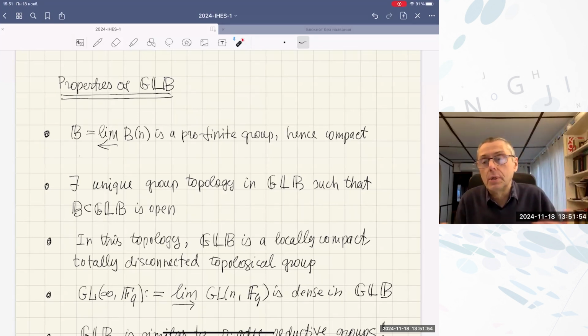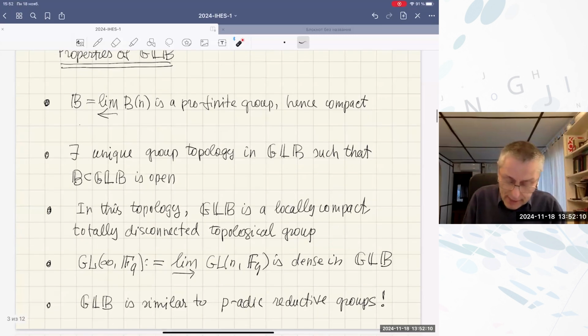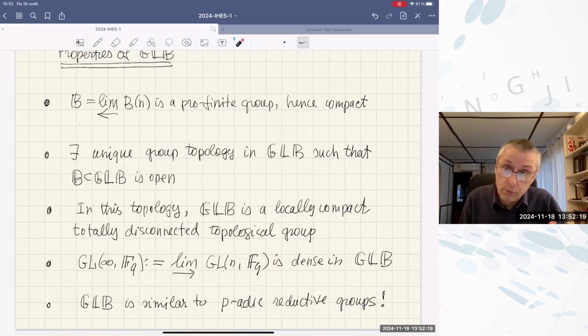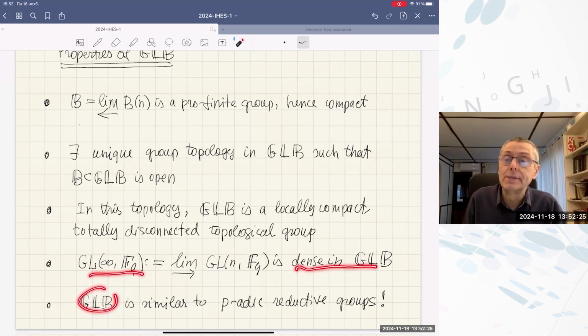It's not, of course, a Lie group. It's not a manifold. It is a totally disconnected object, but it is infinite dimensional because it is realized by infinite size matrices. And the next remark is that one can consider the inductive limit of these finite groups, which is a countable group, and it is a subgroup of our group GLB, and it is a dense subgroup.